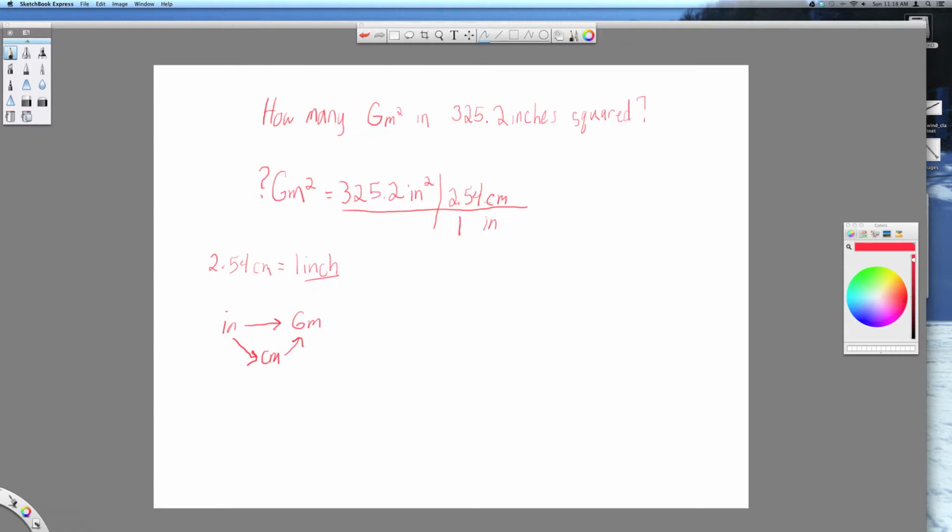But I am at centimeters here, and I want to get to gigameters squared. So centimeters on the bottom. And these are both metric units. Gigameters and centimeters are metric units.